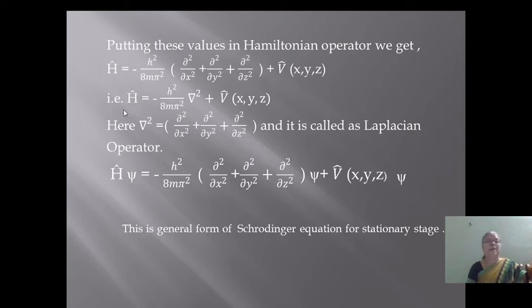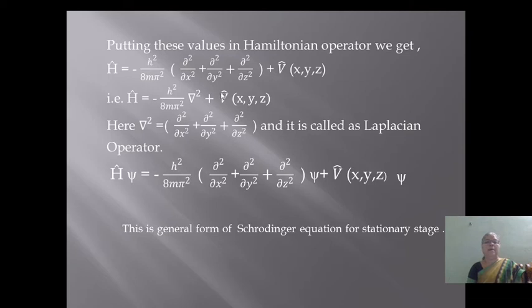Then this Hamiltonian operator we can simplify like this. It is equal to minus h square upon 8 pi square m into del square plus potential energy operator along x, y, z, and here del square is equal to dou square by dou x square plus dou square by dou y square plus dou square by dou z square, and it is called the Laplacian operator.